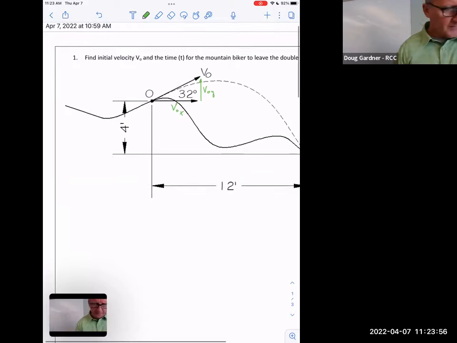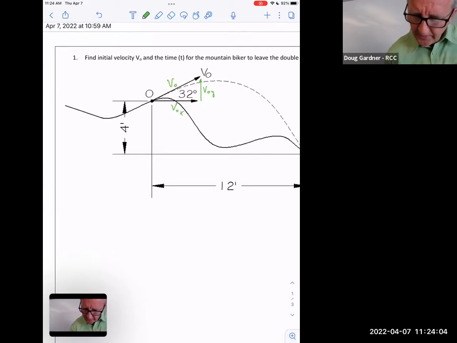And so let's see. I could say that v of o is actually this entire vector. I could have put it at the end of the arrowhead, but it's the hypotenuse of that right triangle.